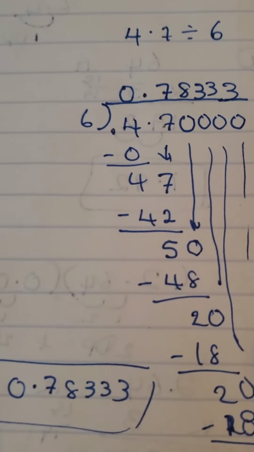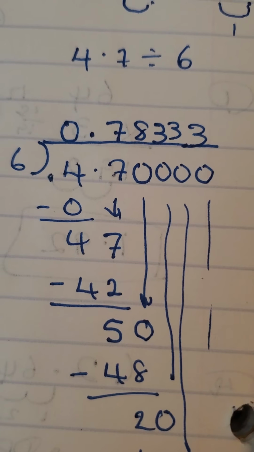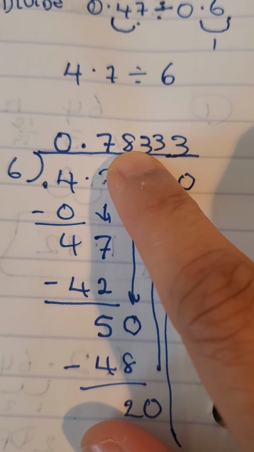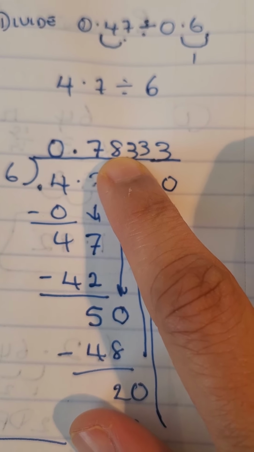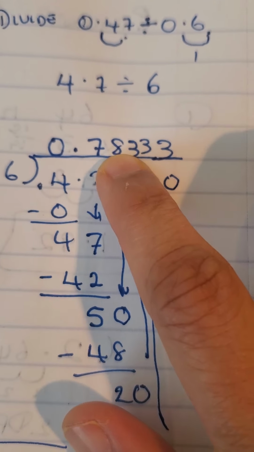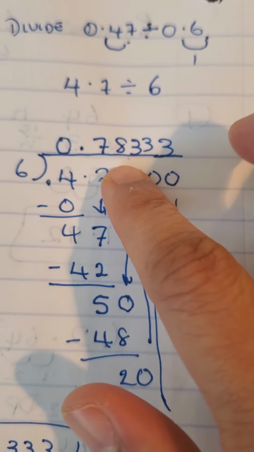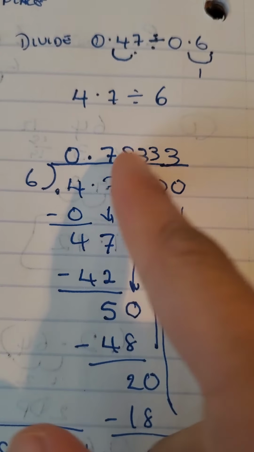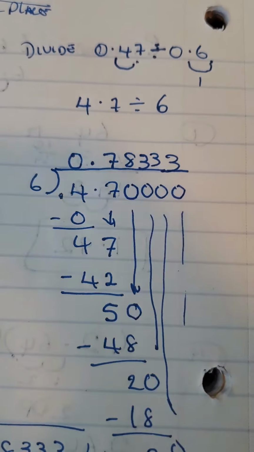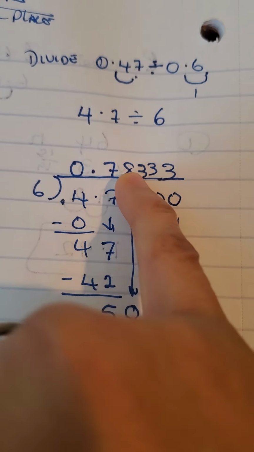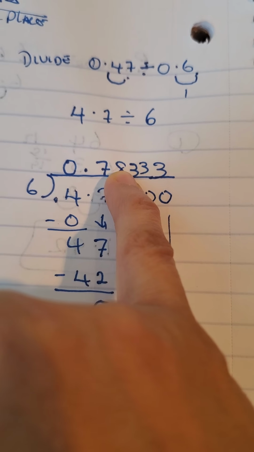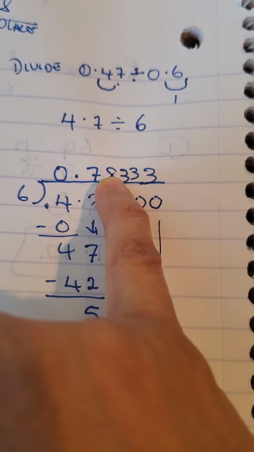What I mean by that is, if I ask you to round to the nearest hundredths, my hundredths place is the digit 8. How will I know whether my place value digit is going to increase by 1 or stay the same? I have to gauge that by the place value next to it. If the digit next to it is 5 or more, then I know my 8 will increase to 9, so that'll be 0.79.